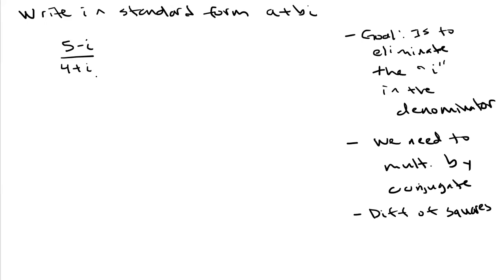And the difference of squares, remember, is a squared minus b squared, which is equal to (a minus b) times (a plus b). So for example, if I had x minus 3, the conjugate would be x plus 3. And vice versa, if I had x plus 3, the conjugate would be x minus 3. It's always the opposite.